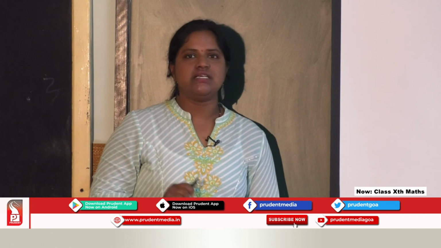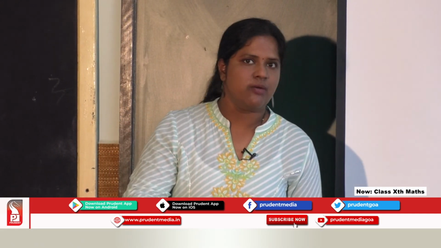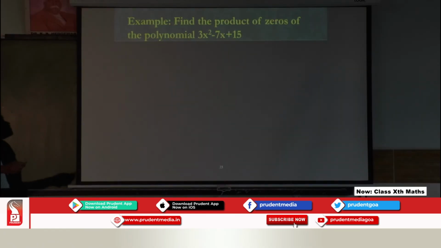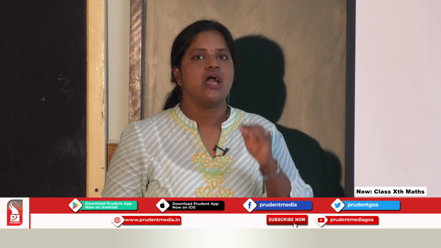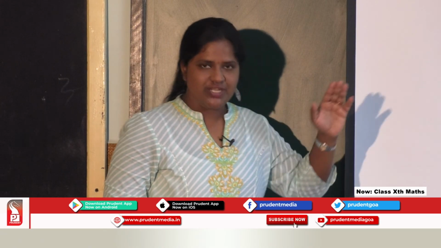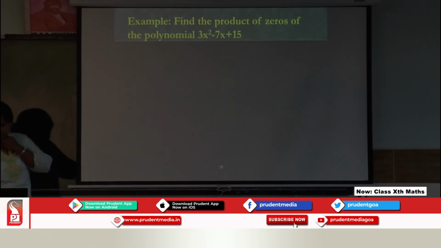So, I have done a few examples of sum of zeros. Let us move on to the second formula, that is product of zeros. And earlier I told you product of zeros is c upon a, that is constant upon coefficient of x square. So, let us identify what is a, b and c here first.